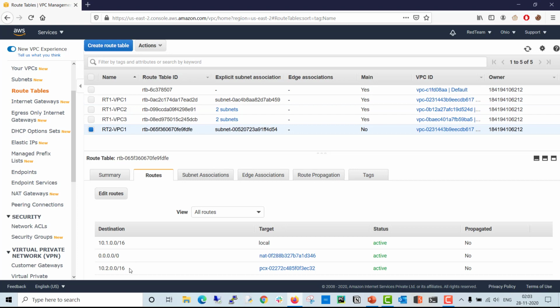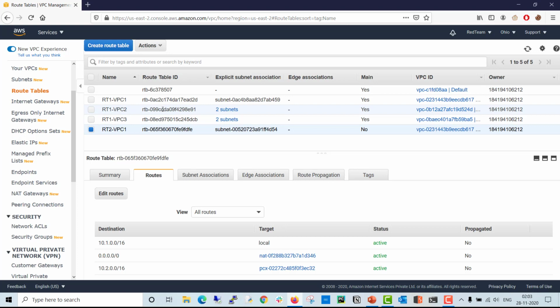So any instance within this subnet can access the resources of VPC2, because this is the IP range defined by VPC2. This is the peering connection which makes this route, and this is the route which is defined here.